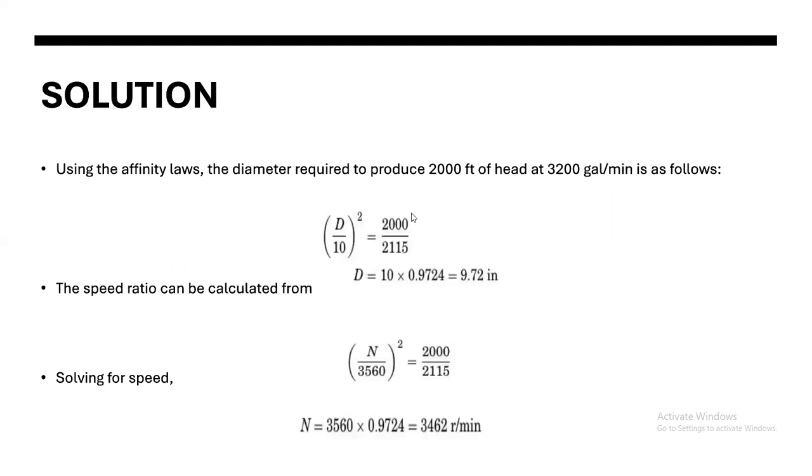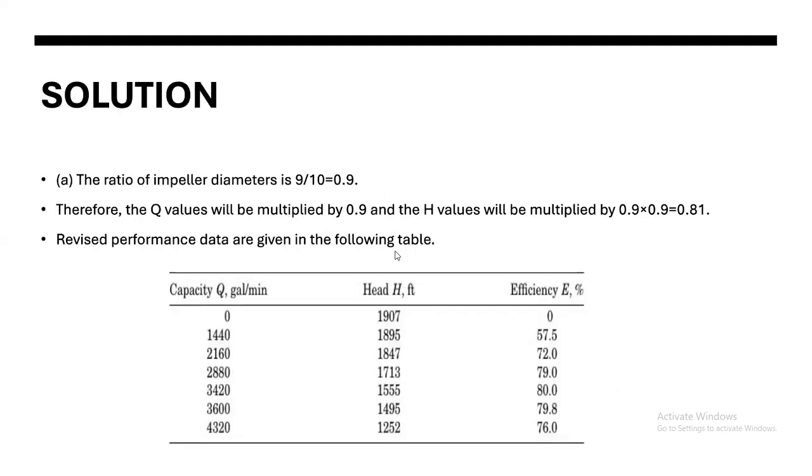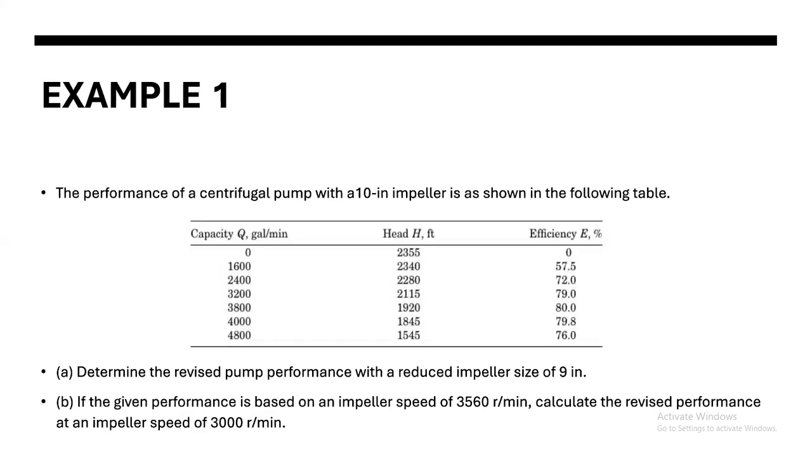So remember the 2,000, it's our H2. So what's H1? You go to the example there. For H1, we used 79 because this is the highest point. So we took the 79% as the BEP, or best efficiency point, right?